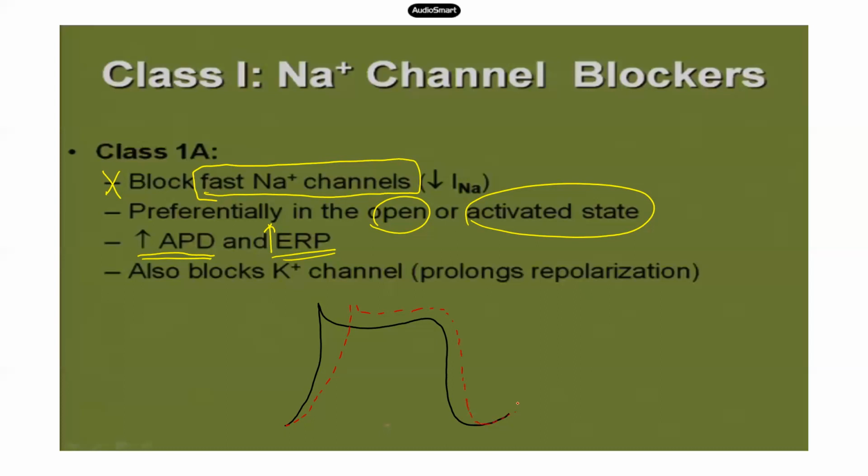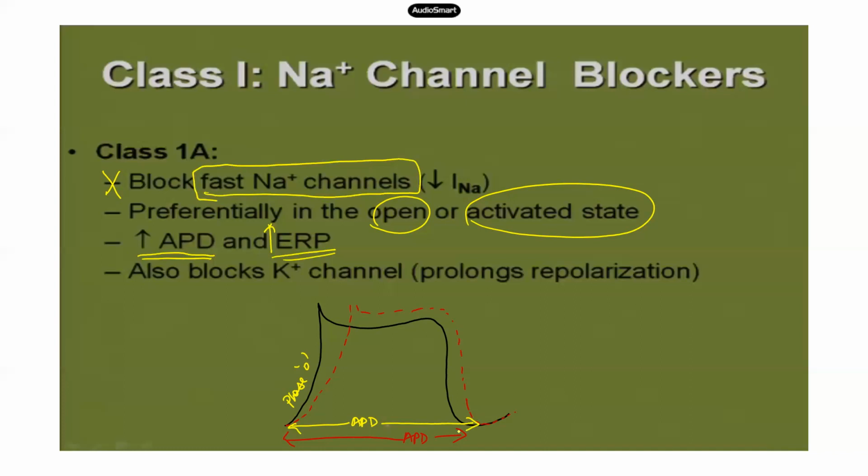What I have done basically is, if this was your earlier action potential duration, right, till here, now with the help of class 1A drugs, I have acted on the fast sodium channels, which is the phase 0. Fast sodium channels work on the phase 0. And what I did here is that I have lengthened the action potential duration.